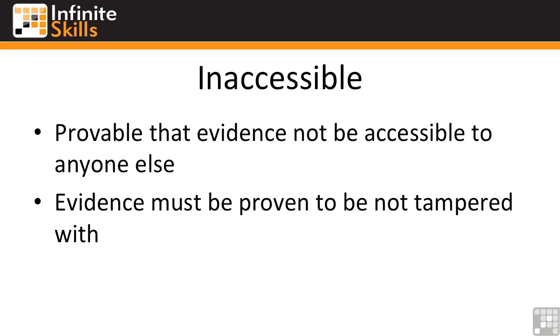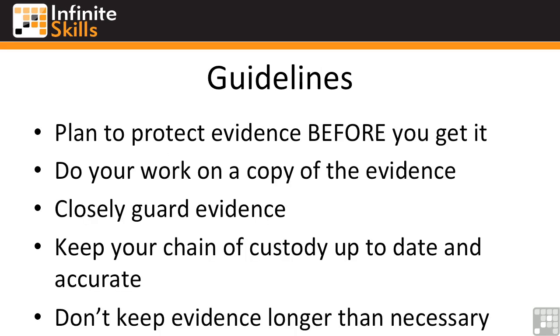Otherwise, that evidence gets called into question in terms of its veracity, authenticity, and accuracy. If any of those is questionable, that evidence is, of course, of no good to the legal proceeding that is underway.